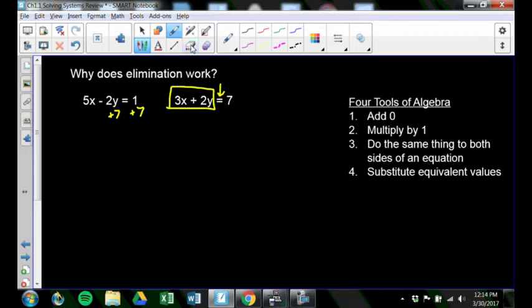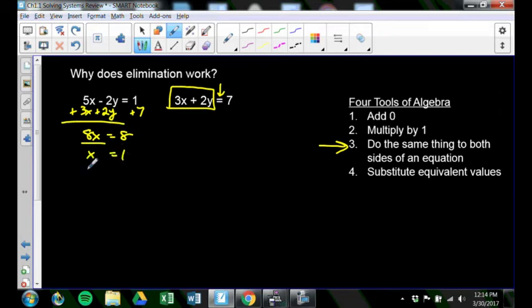So instead of adding 7 to both sides, I add 3x plus 2y to both sides. This is just 7. So I'm adding the same thing to both sides of the equation. I'm following my step 3, and that gets me 8x equals 8, which in this case means that x equals 1.